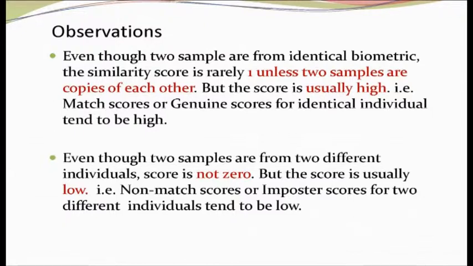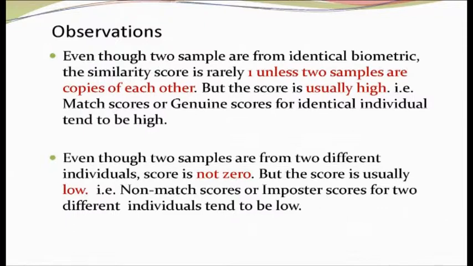Now, suppose I give you the data twice in a day, even within an interval of 5 minutes. You would observe that in an ideal environment my matching score should have been 1.